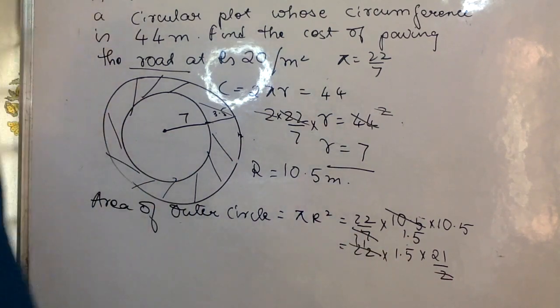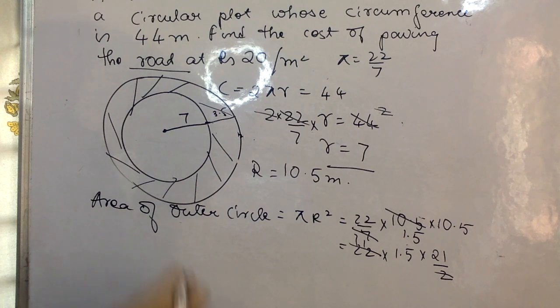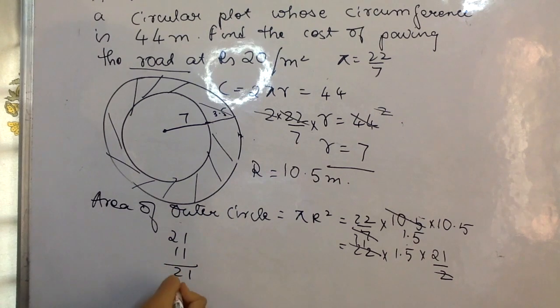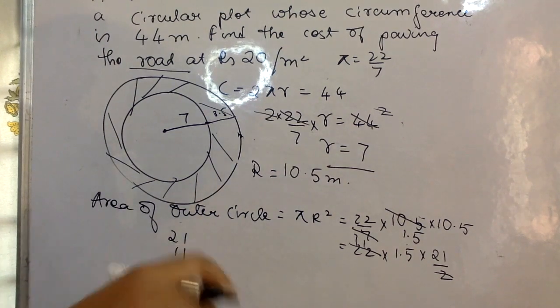This is 11. Okay, so how much do I have now? I have 21 into 11, 21, then 21.